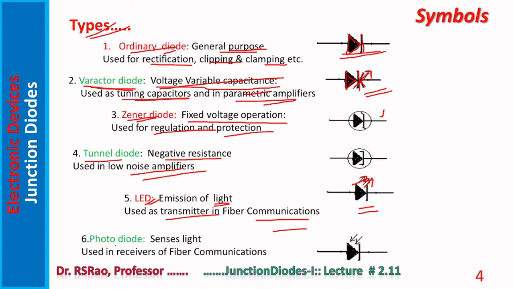Another category of special diodes is photodiodes. These diodes are able to detect the presence of light or absence of light, senses light, used in receivers of fiber optic communications. This is a small introduction for diodes and varieties of diodes.